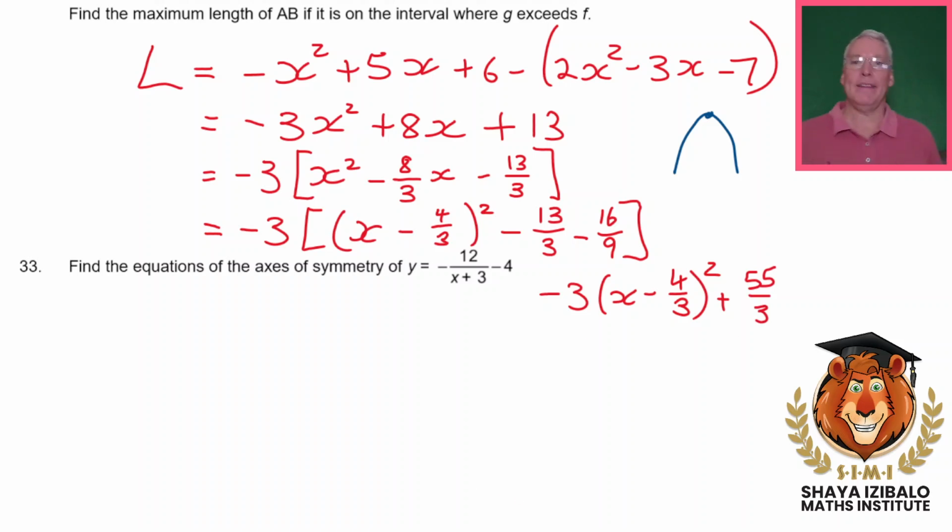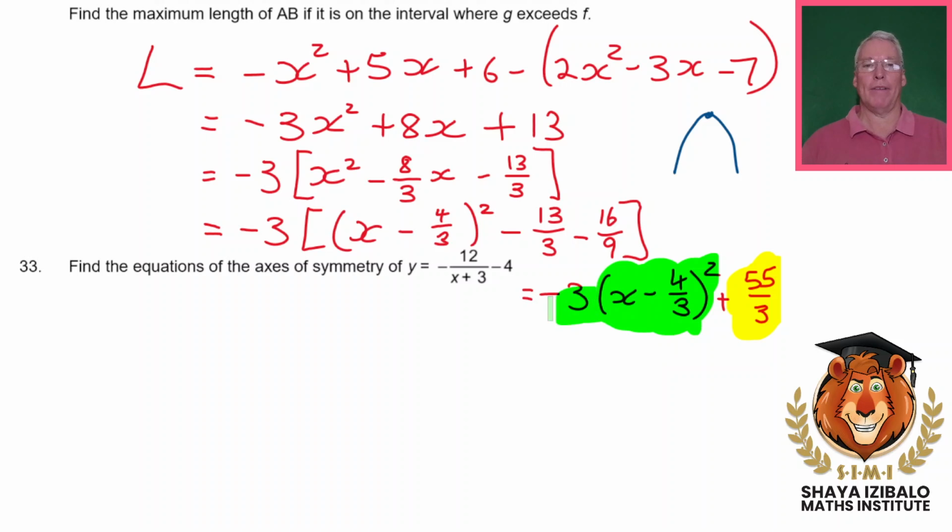Now that is the length. And what we can see is that that number will always be less than or equal to 55 over 3. This here is the maximum value that that can ever have. The reason for that is that when we square something, do you agree that this piece so far is always positive?